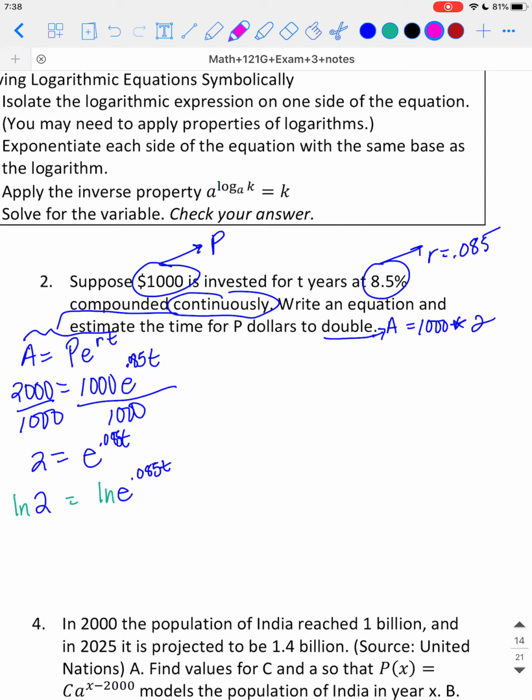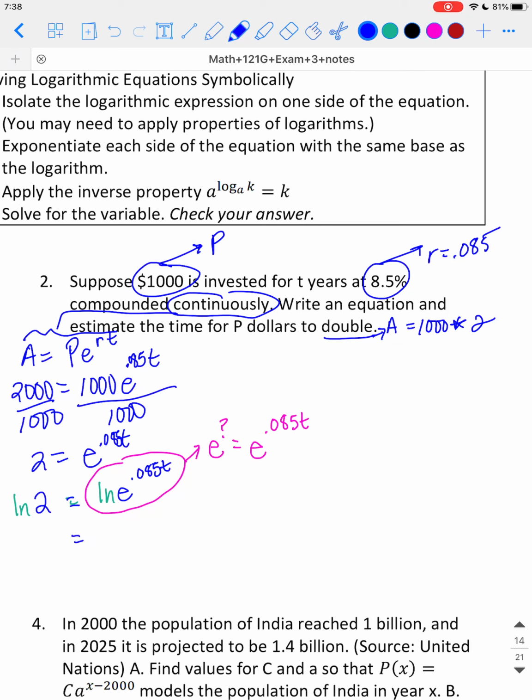And so on the right hand side, again, all of this is technically asking you e to what power gives you e to the 0.085t. Well, since my bases are the same, my exponents have to be the same, and the question mark must be 0.085t.